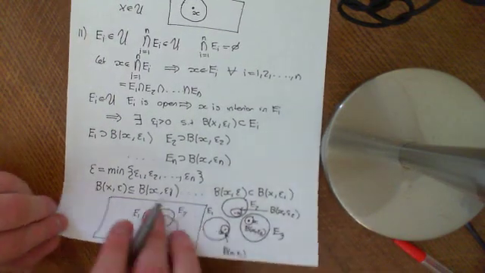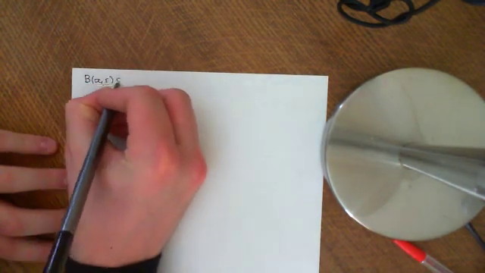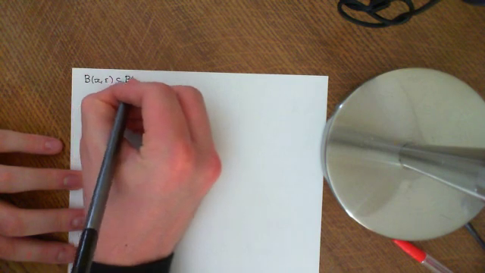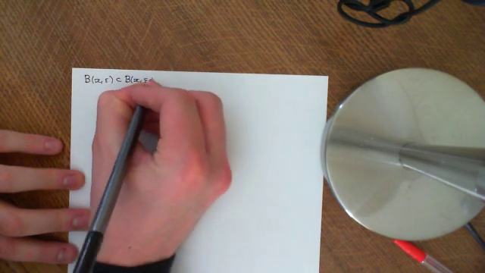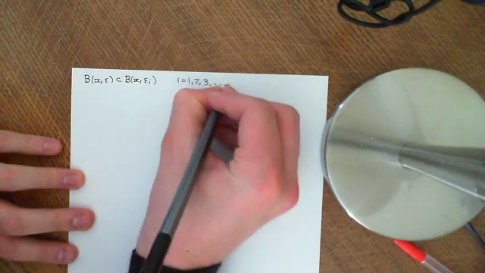Okay, so the ball centre x of size epsilon is completely contained within the ball centre x of size epsilon I, where I varies from 1, 2, 3, all the way up to n.